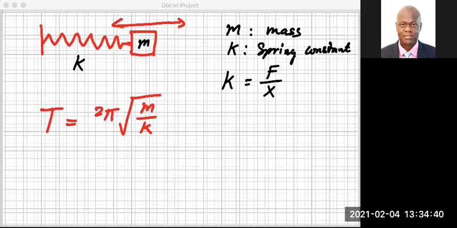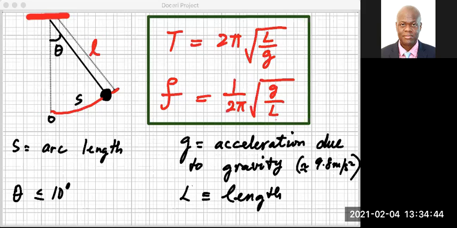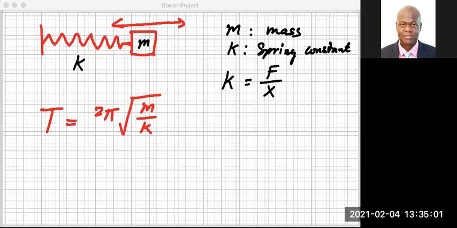So the period for a pendulum, you could say here, depends only on L. Okay, and then here it depends on M and K. And of course, the frequency will be 1 over T, which is 1 over 2 pi.